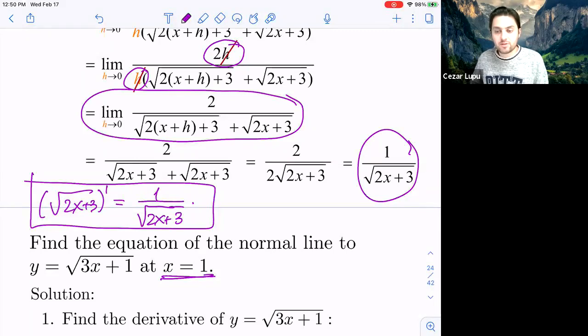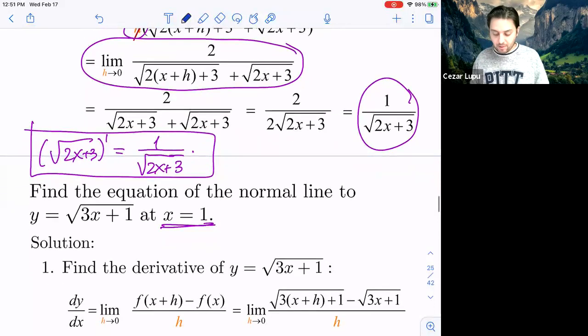So in this case, just like we have seen, you need to find the derivative of the function. In our case, we need to find the derivative of the square root of 3x plus 1. And here we go again. We will apply the definition.